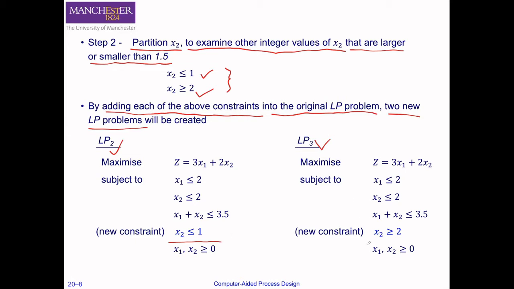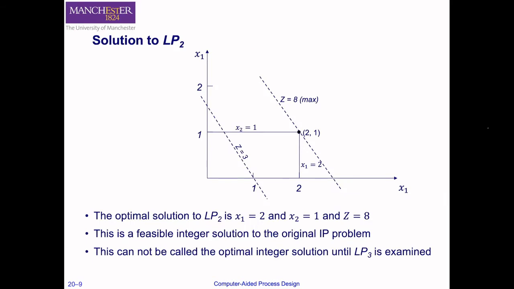In LP3, we add the constraint x2 is greater than or equal to 2. We can solve these two new linear programming problems individually. We continue to use the graphic method to solve them. Let's look at LP2 first.